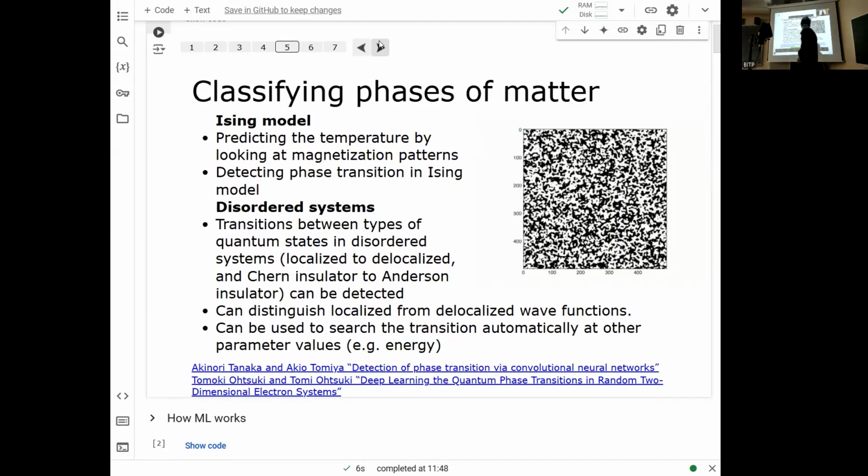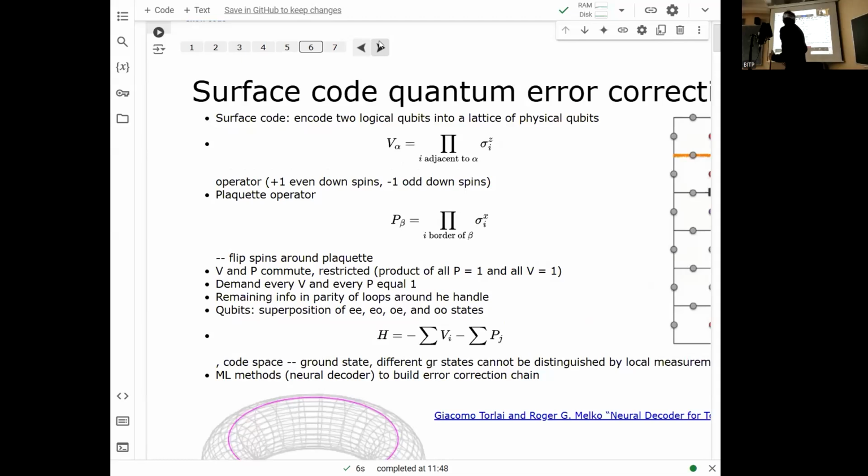What else? Classifying phases of matter. For example, here is one work that talks a little bit about classification of different phases in Ising systems. And here is one more example, a little bit more complicated. This is about so-called toric codes.